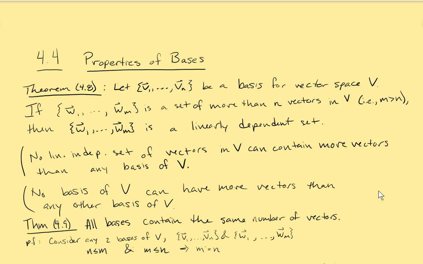By the way, in case you're wondering about this little result at the bottom, we're saying n is less than or equal to m, but n is also greater than or equal to m. The only way you can be both less than or equal to and greater than or equal to something else is by being equal to. The less than and greater than are not compatible, but the equal to is the only possibility.